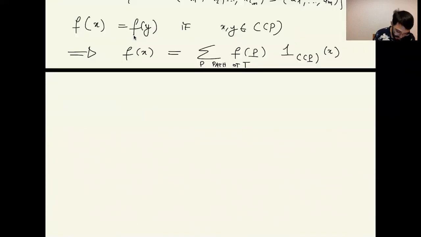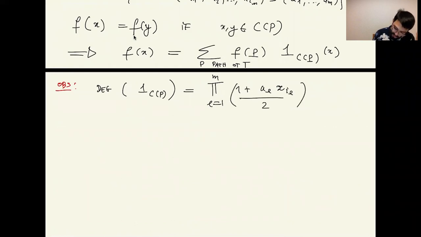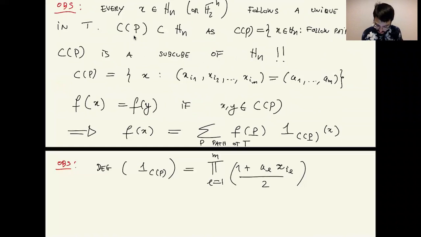But from here, you get a very nice observation. What's the degree of this function? Well, we know what it is. Take the indicator of C_P if it has this form: whenever I have exactly these values, all these factors will be 1, and when I have any disparity here, this will be 0. So that's the indicator.